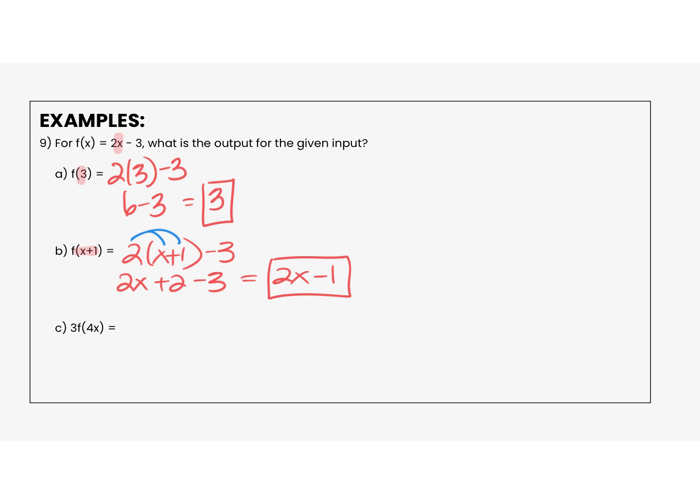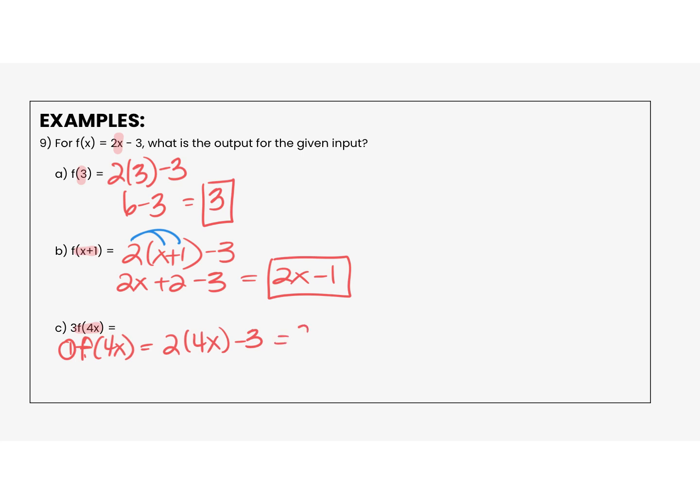Okay, and this last one, we're going to do in 2 parts, actually. So we're going to start by doing f of 4x. I'm going to write that so I know that I'm doing f of 4x first. So again, wherever my x is, I'm going to just put 4x.